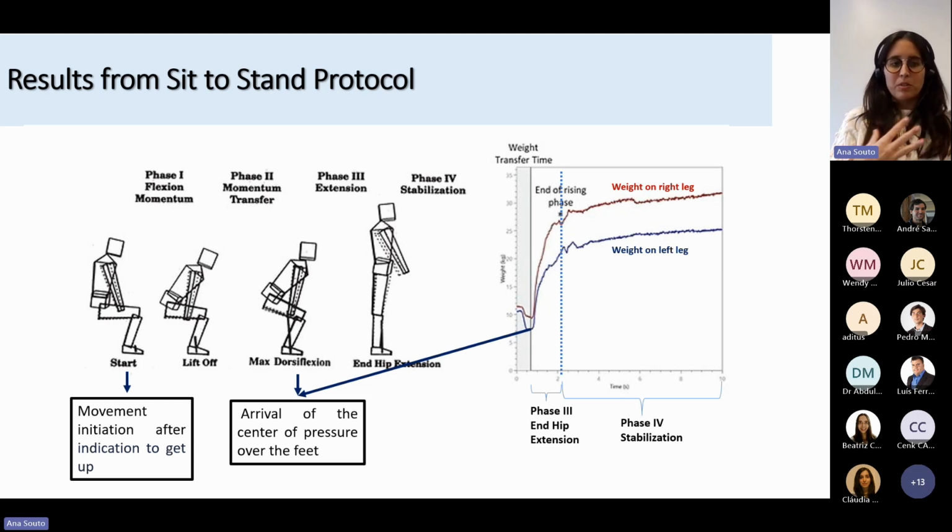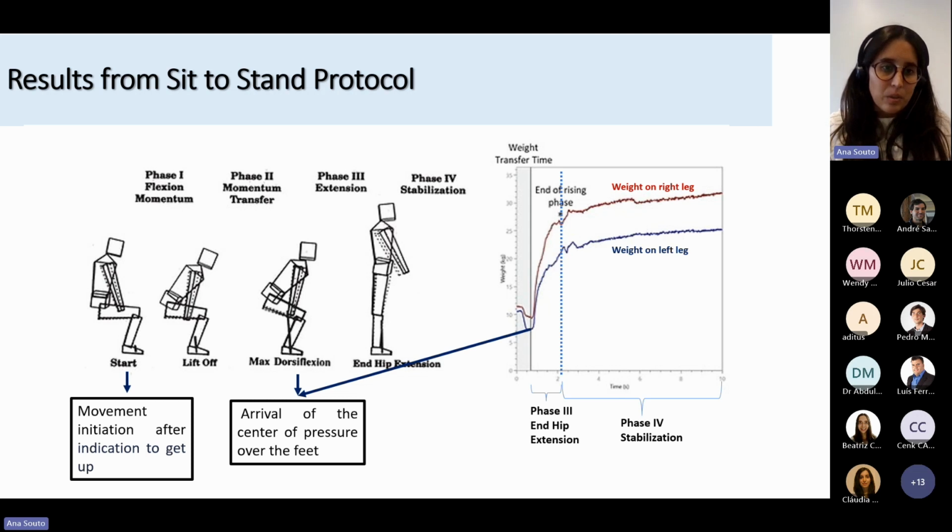So the movement starts with a flexion of the body, the trunk, and an increase in dorsiflexion, so we can transfer the center of mass from our buttock areas to our feet.